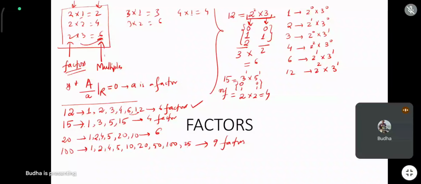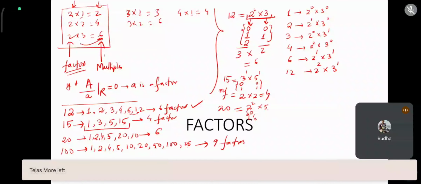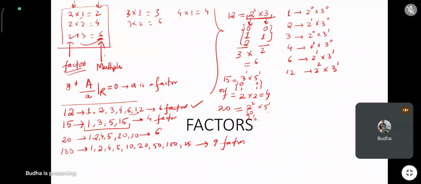Now look at this. 15 ke how many factors are there? 4 factors are there. Now if I look at 20, so 20 can be written as 2 square into 5. So that means यहाँ पे 2 है. So I'll start from 0, 1 and 2. Okay. And for 5 the power is 1. कुछ भी नहीं है मतलब power is 1. 0 and 1.